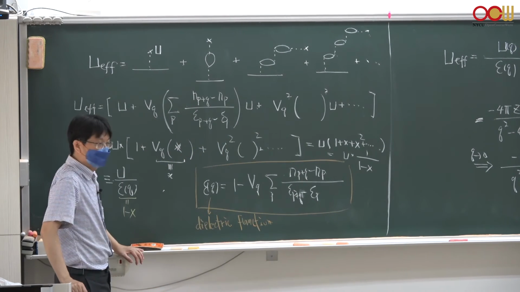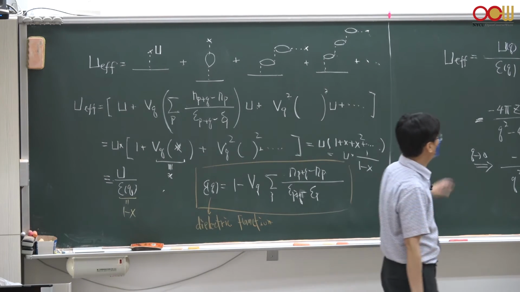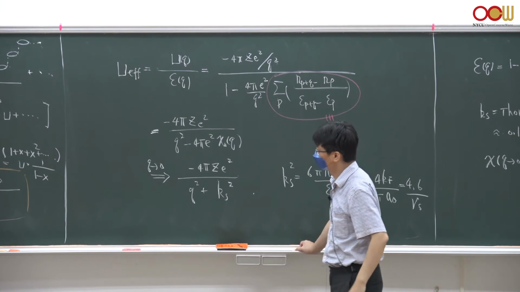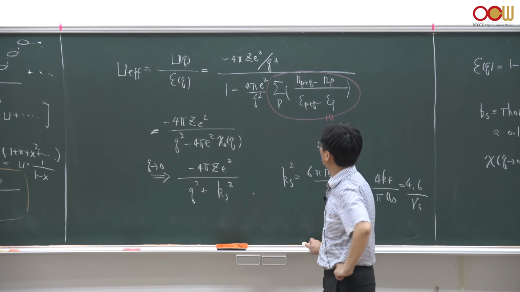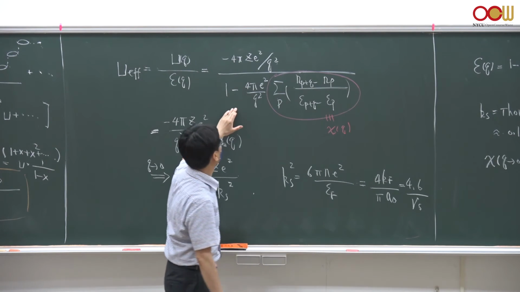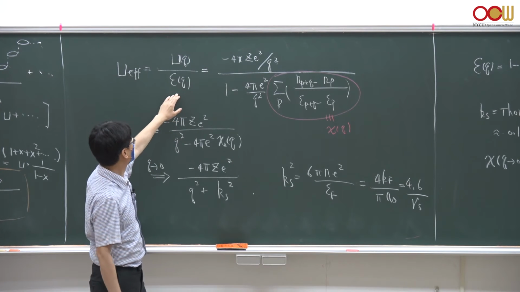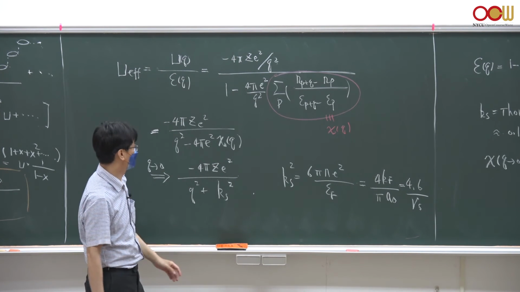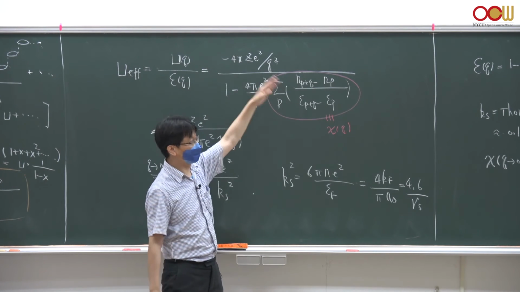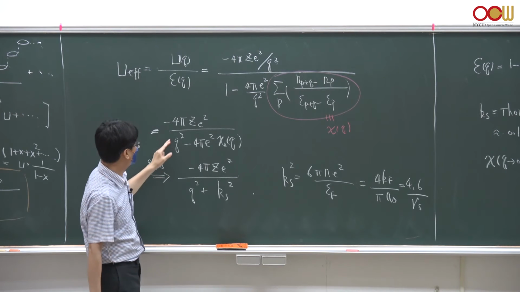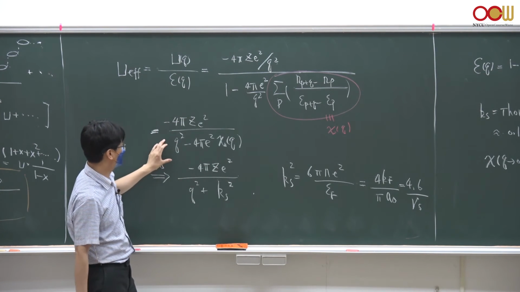Therefore, the remaining job is to evaluate this epsilon of Q. So let's put this Q dependence back into U of Q and epsilon Q, and we have this ratio between U of Q and epsilon Q, which is given by U effective. You can simplify this ratio and get rid of this Q squared in the numerator and the denominator, and so you get this.